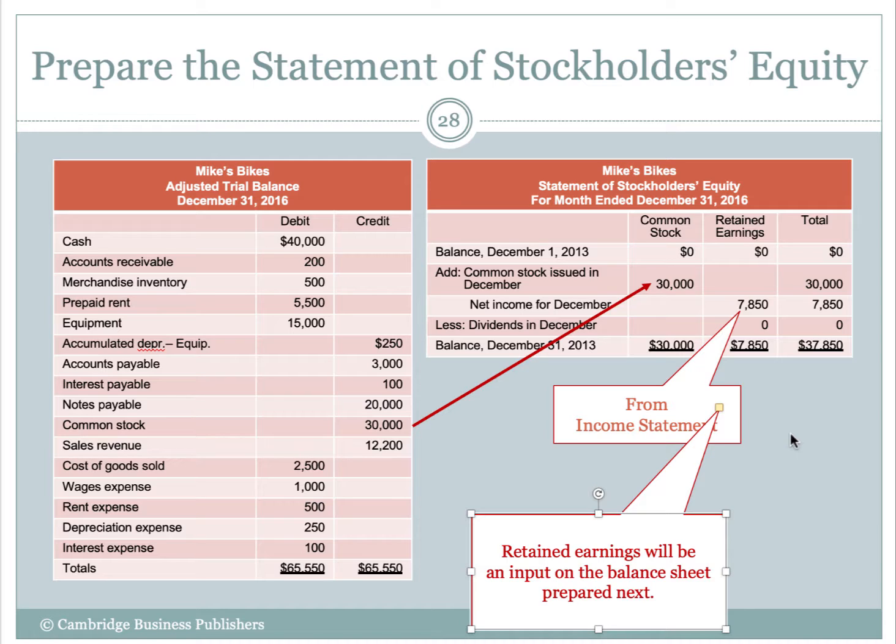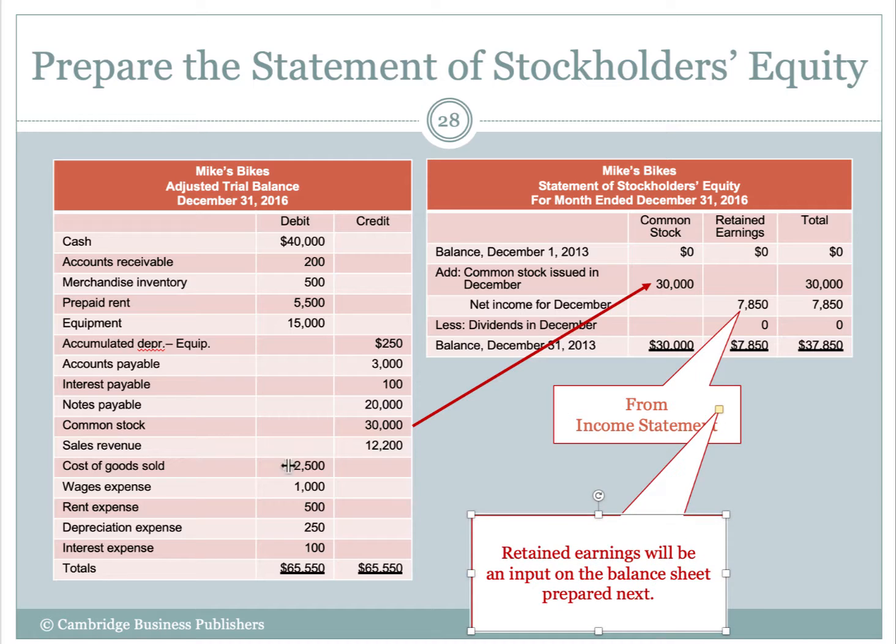That's pretty much what dividends are, okay? So keep in mind, we have our total retained earnings, we have our total statement of shareholders' equity, and it equals $37,850. What makes up owner's equity? Common stock and retained earnings, okay? And we need that retained earnings amount to prepare the balance sheet.